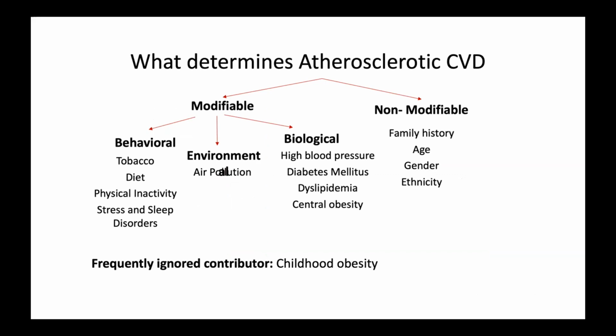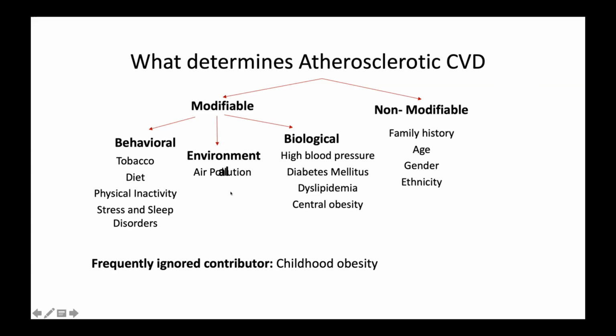Non-modifiable, basically, we can't change. You can't change your family history. Increasing age leads to an increased incidence of cardiovascular disease. Male gender has a higher incidence or prevalence of cardiovascular diseases. Ethnicity: we Indians have almost 1.5 to 2 times the cardiovascular disease compared to the Caucasian population. So ethnicity is also important.